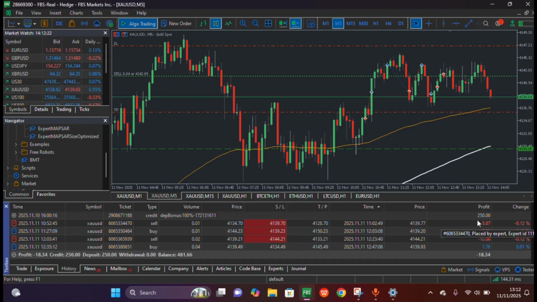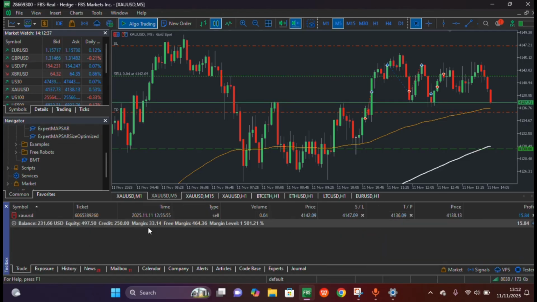Like I said initially, the first trade was at -5, the second trade was at -5, and then -10, and we now have a profit of almost $2. I believe this particular trade is going to end in profit. We are almost closing down.